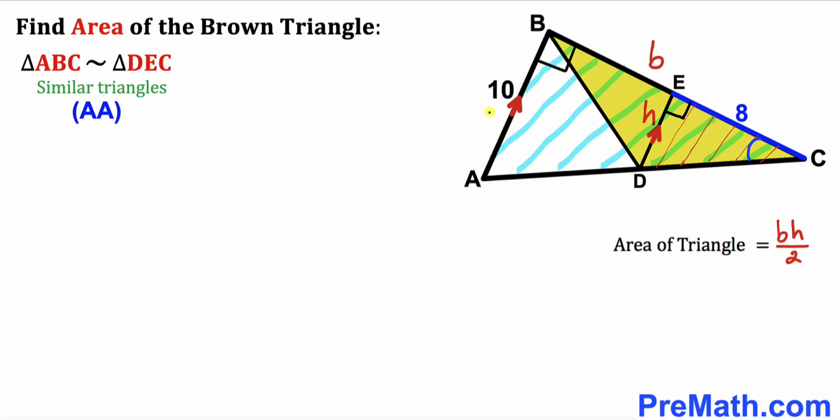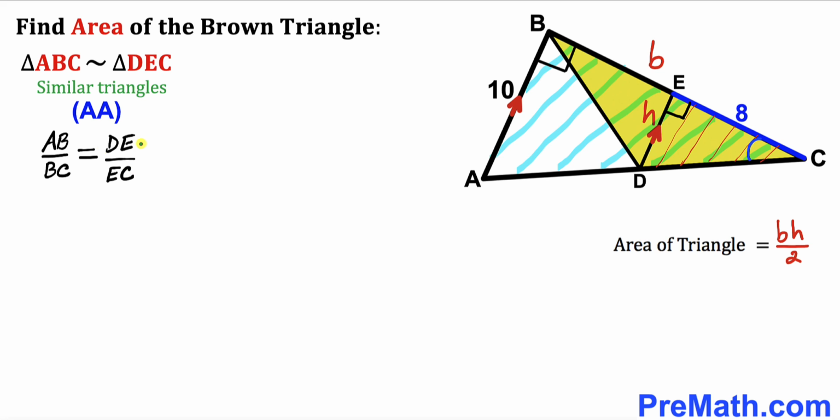So we are going to have a proportion. In other words, the ratio of AB and BC, let me write down AB divided by BC, is going to be equal to the ratio of DE and EC. Let me write down DE divided by EC.